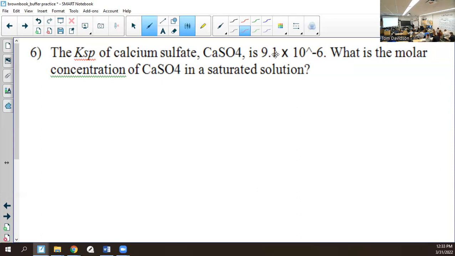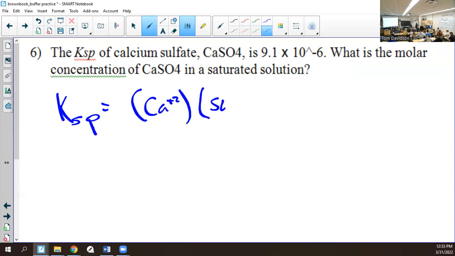All right, we ready? So just the basic expression, KSP for this would be equal to brackets Ca plus 2 times SO4 minus 2, concentrations. Forgive me. All right. There were no subscripts, so there's no coefficients, there's no squaring, there's no nothing.